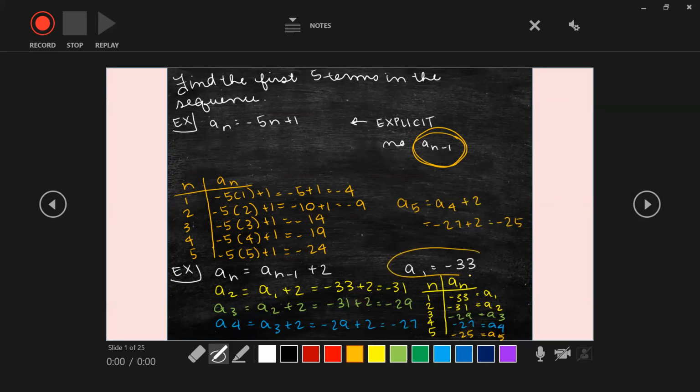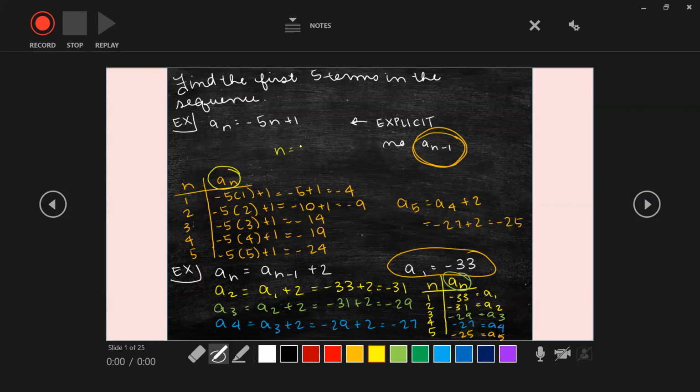So notice how things are a little bit different. Whenever we have some sort of initial condition, all of these preceding terms are dependent on each other. In this sequence, it is recursive because you keep coming back to the same points of this a sub n. Whereas you'll notice in an explicit formula, it doesn't matter which n we're starting at.